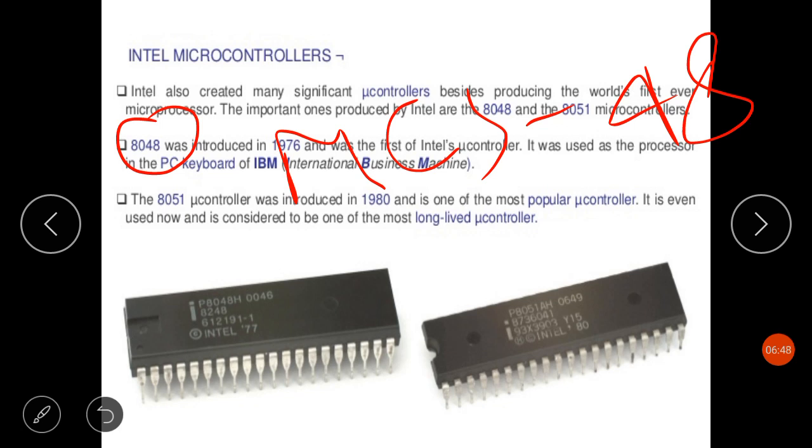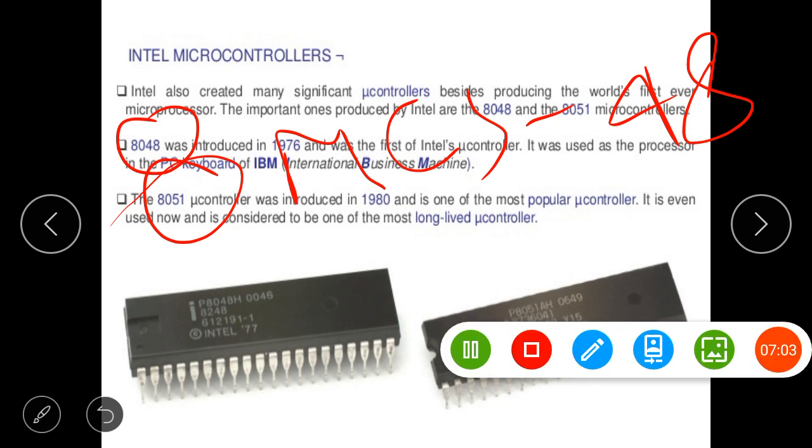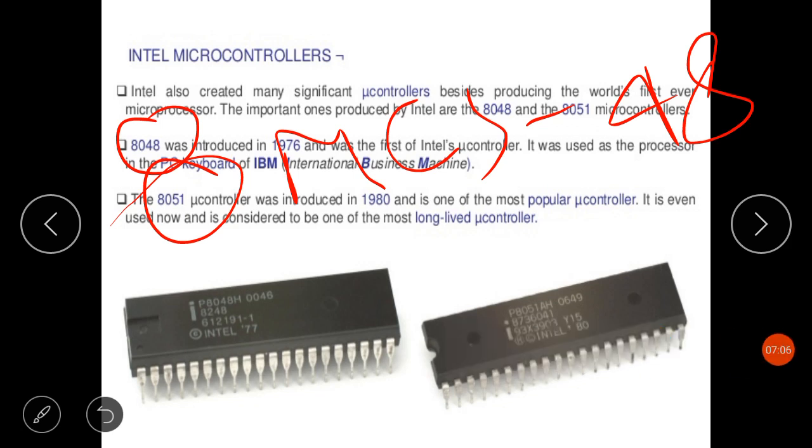Then in the year 1980, Intel introduced the more powerful 8051 series of 8-bit microcontrollers. The 8051 series of microcontrollers were developed in the year 1980. They are the second generation of 8-bit microcontrollers. They are faster and more powerful than the Intel 8048 series, the first microcontrollers.